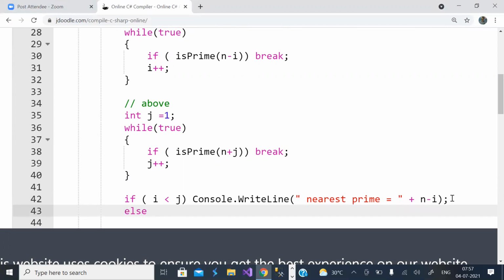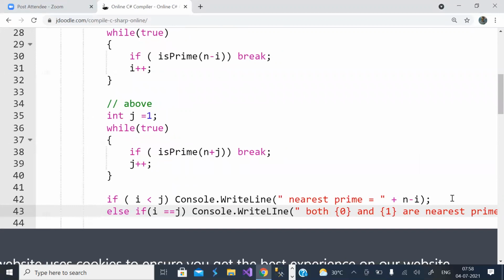Else, if i equals j, then both are nearest primes.